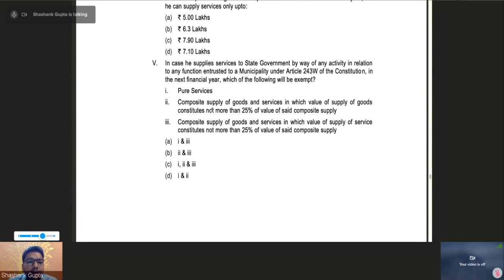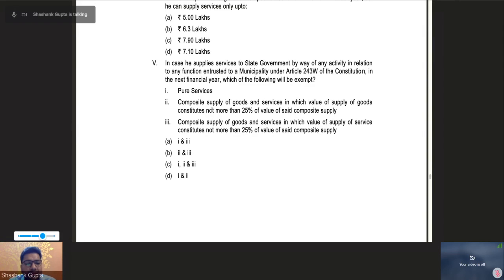So here, first, pure services will be exempt. Second, composite supply of goods and services in which value of supply of goods constitutes not more than 25% of value of said composite supply, this would also be exempt.